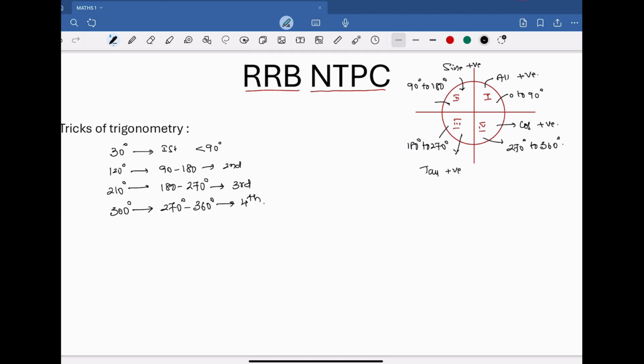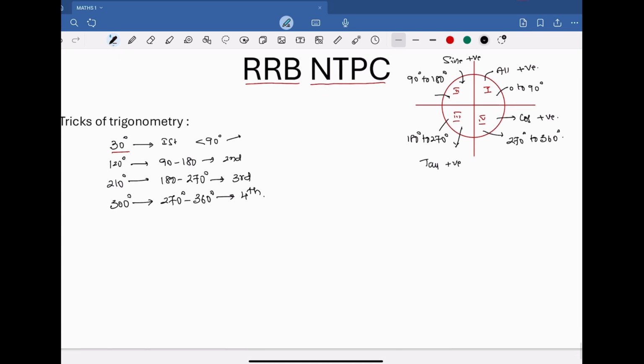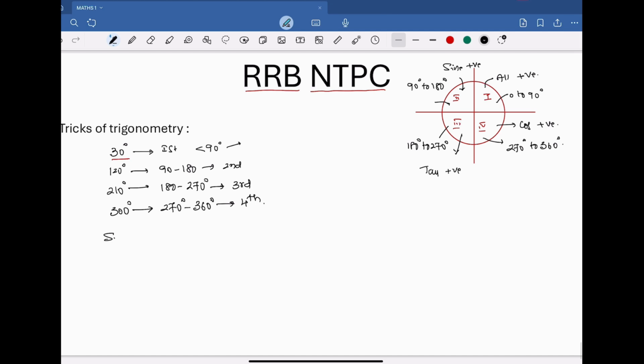Now, for the same 30 degrees in the first quadrant, let us define all the values. What is sin 30? Sin 30 is equal to 1 by 2.